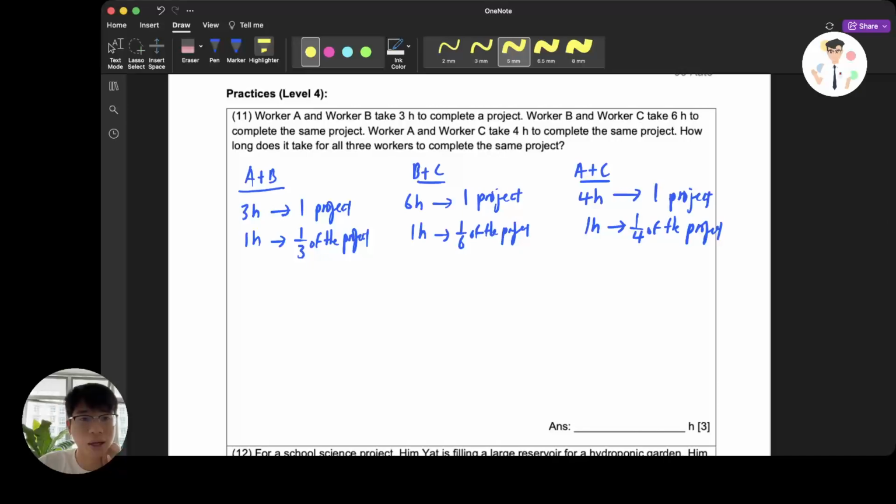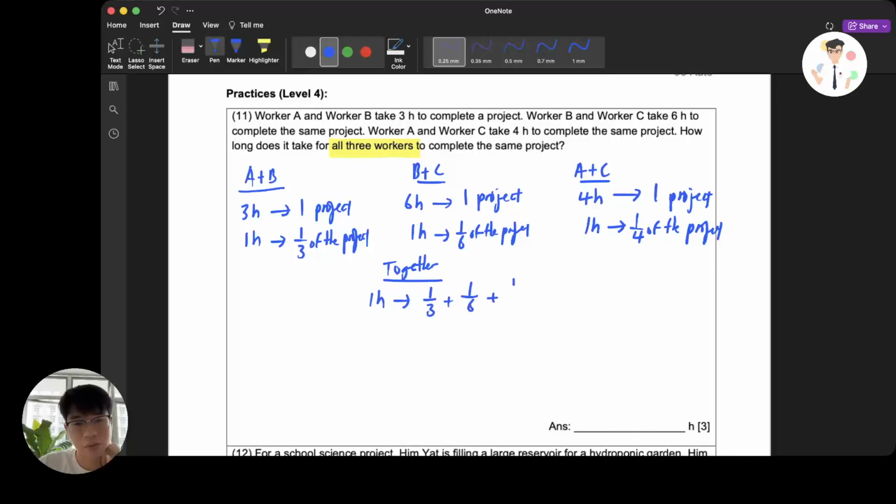Now they are asking for what? All 3 workers, means that they want together. So in 1 hour, it will be 1/3 plus 1/6 plus 1 out of 4. And you will find out that in 1 hour, if you press on the calculator, it is 3/4 of the project.